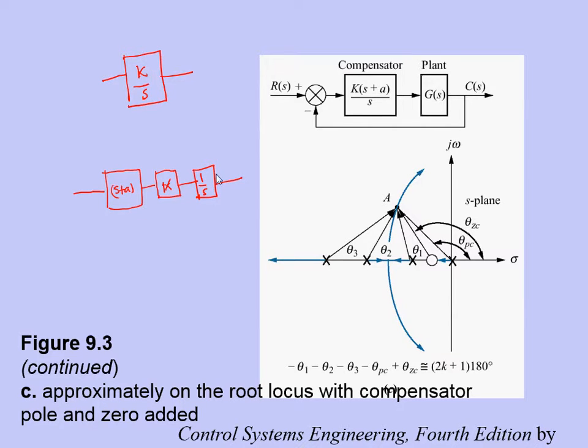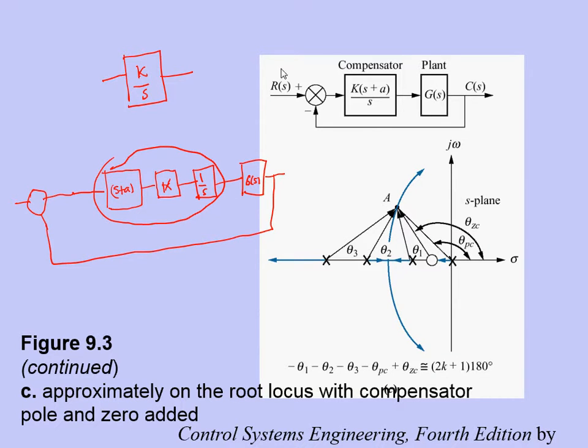This is your controller, and before your system g of s, like this, see? So this right here is this. So when you see the word compensator, it is another way of saying controller.